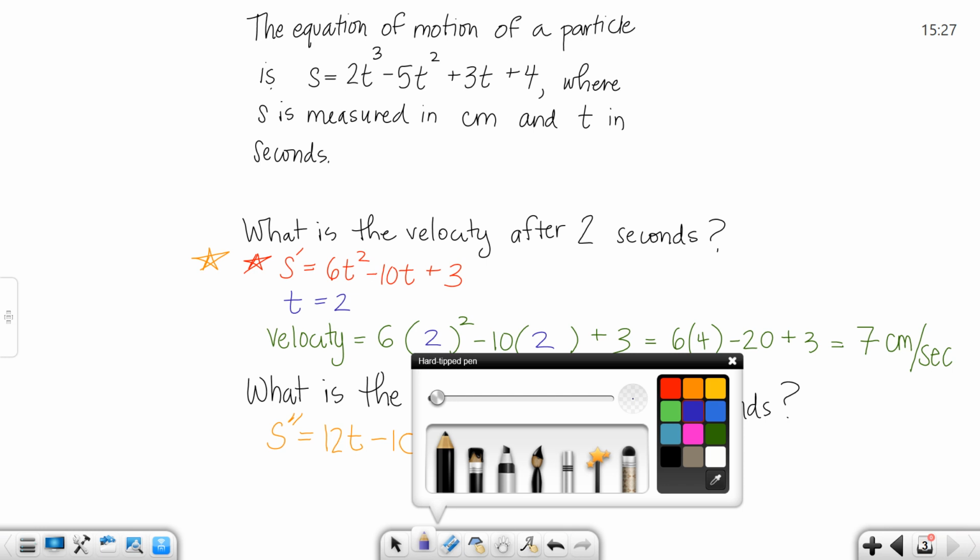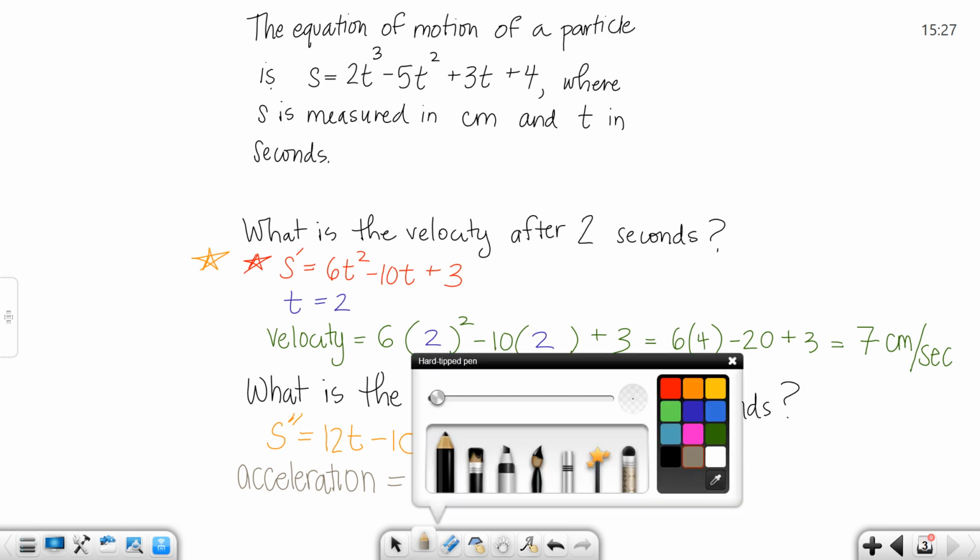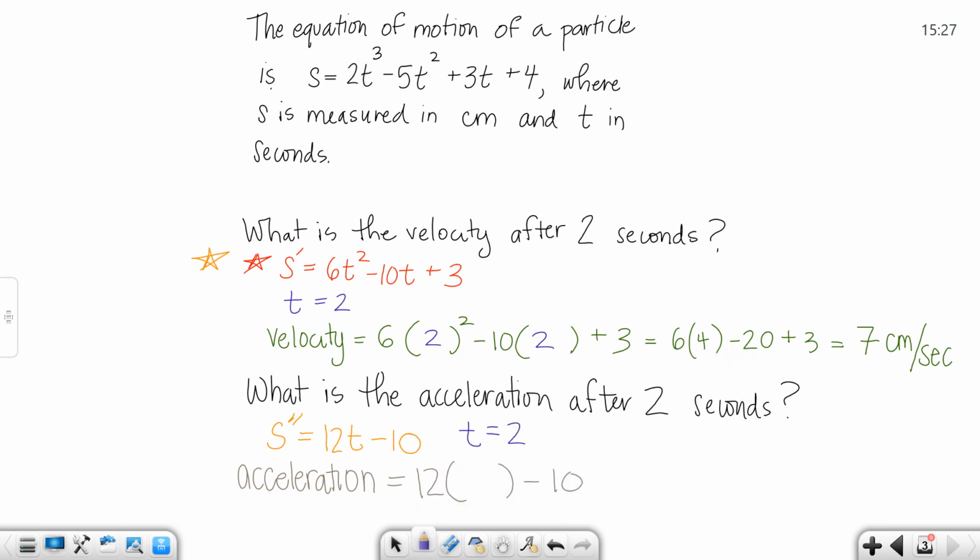And so your acceleration would equal 12t minus 10. Remember here that t is 2. So you're going to get 24 minus 10, which would give me 14.